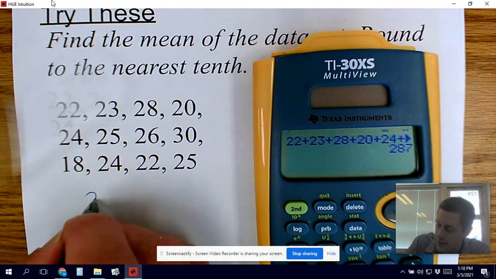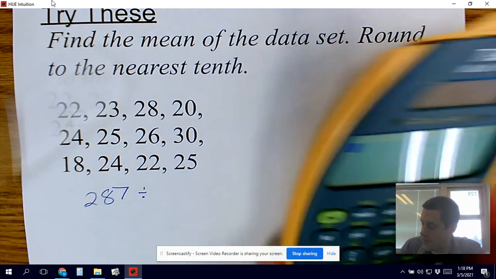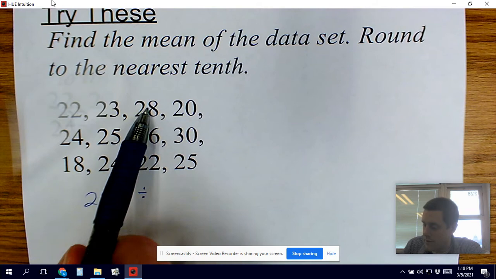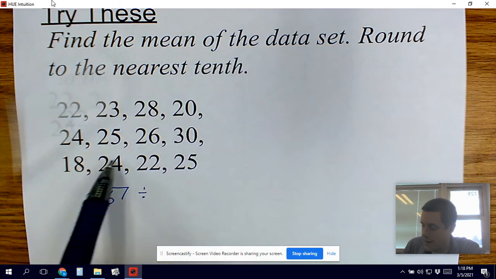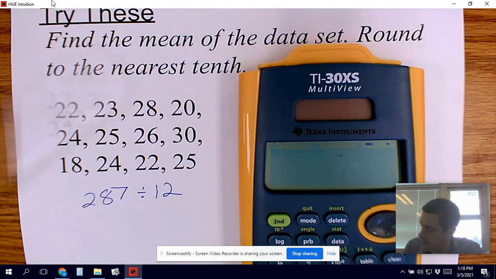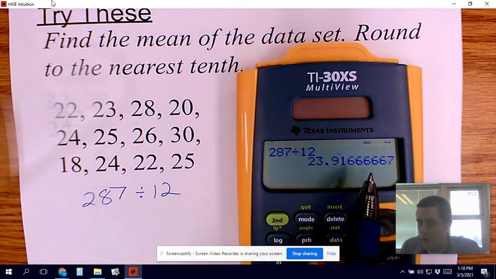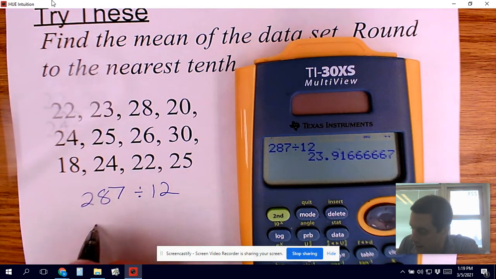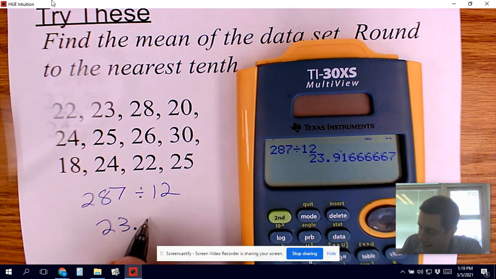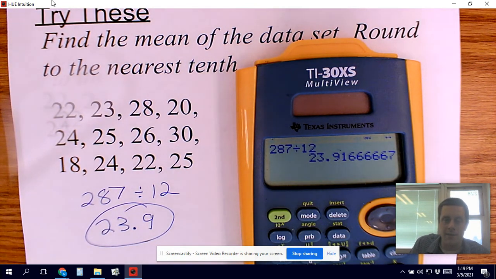We get a sum of 287, and then we're going to divide that sum by how many elements were in the set. There were 1, 2, 3, 4, 5, 6, 7, 8, 9, 10, 11, 12. So 287 divided by 12. We're going to round this to the nearest tenth, so we get 23.9 as our mean.